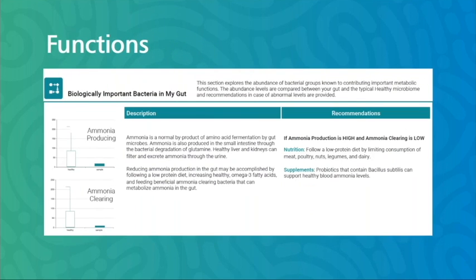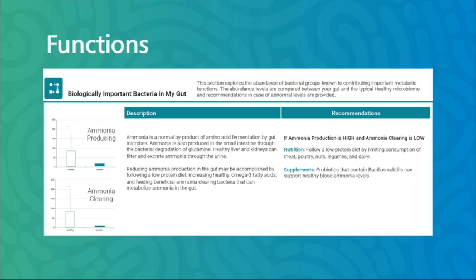Another way of looking at the microbiome is looking at some of the functions of the microbiome. So a good example is with regards to ammonia. If we have microbes that are high ammonia producers and also microbes that are not very good at clearing the ammonia, then we may have a problem in the gut microbiome that may not be favorable.